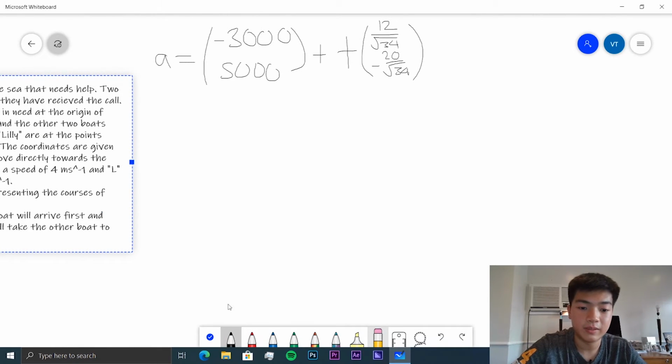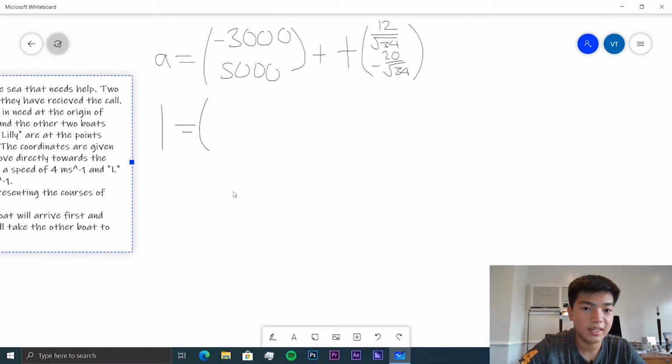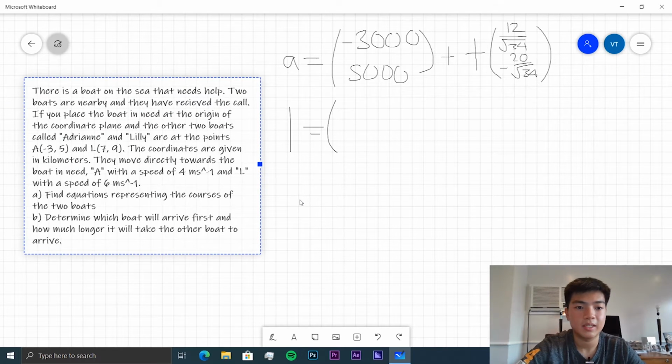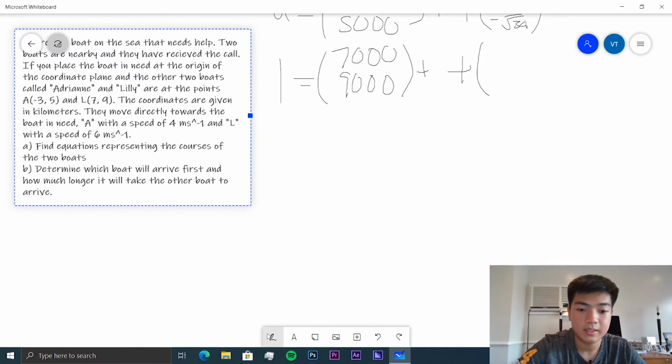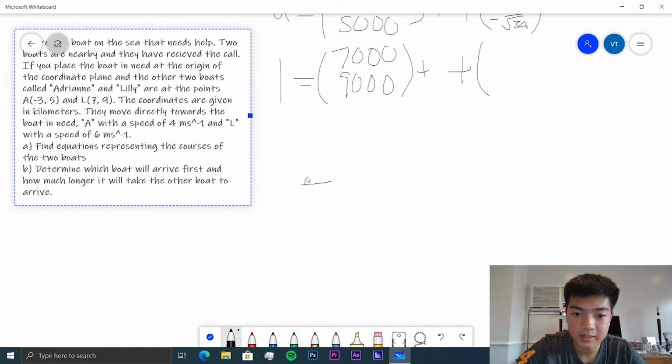Next, for the movement of Lily, which we'll denote as L, it's at (7000, 9000), and it will be moving with a vector. This will be 7x, 9x, and the speed is 6.